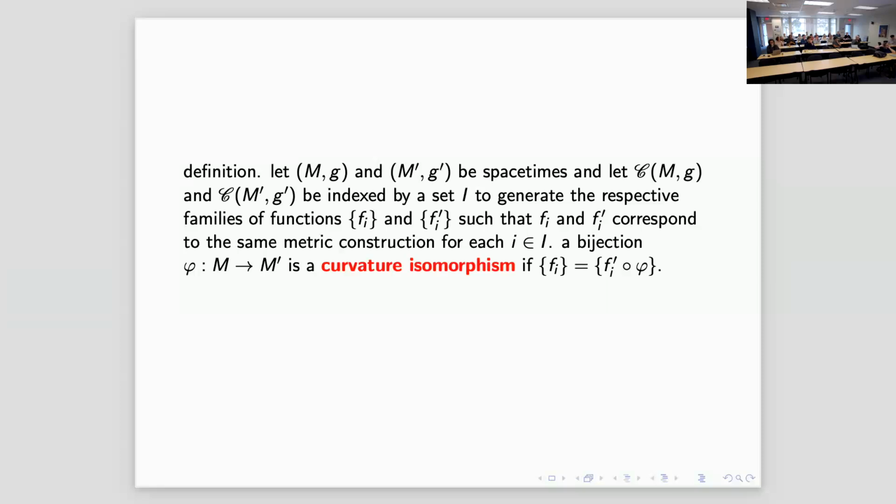So this definition is supposed to capture a sense in which perhaps the global structures of these models are wildly different, but if there's a curvature isomorphism, then there's some kind of sense in which these spacetimes have the same curvature structure.